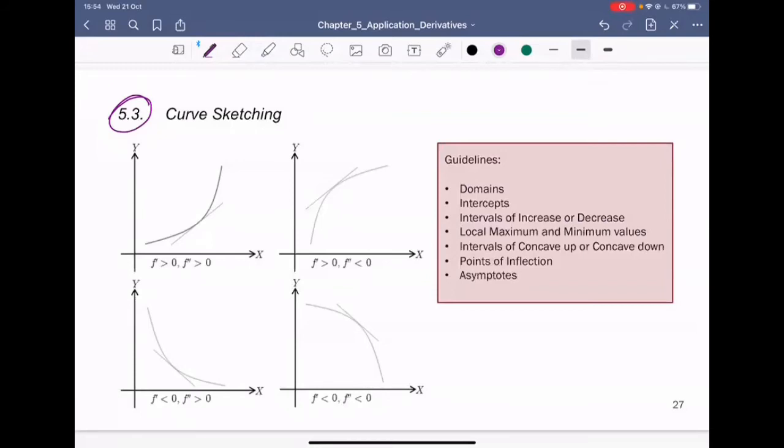Of course, nowadays we have a calculator and the internet. You can plot any graph in a few seconds. Just put it in Google and it's going to graph it for you. But what we're going to do is take a step back and look at how to tell the behavior of the graph and sketch the graph without using any technology.